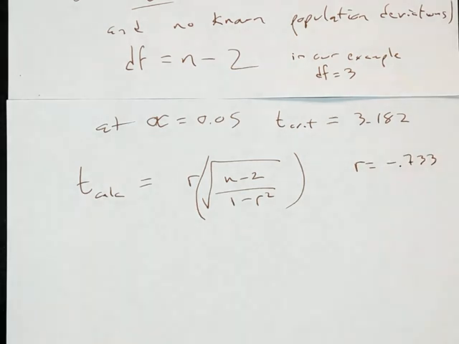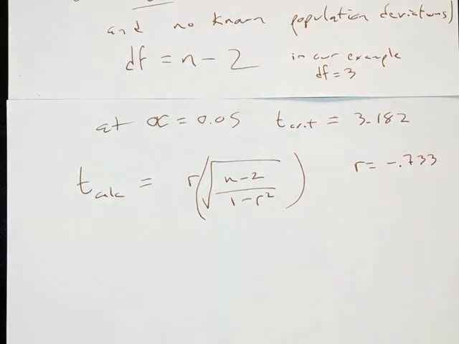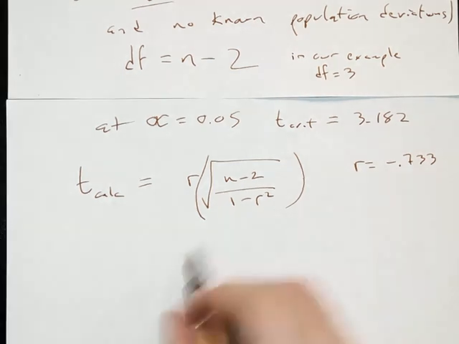Out comes my calculator. All right, from the inside out, n minus 2 was our degrees of freedom.